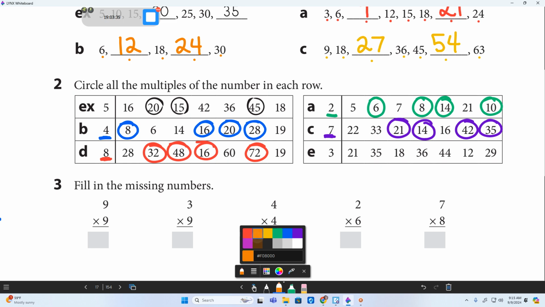And finally, multiples of 3. 3 times 1 is 3. 3 times 2 is 6. 3 times 4 is 12. 3 times 5 is 15. 3 times 6 is 18. 3 times 7. 3 times 8 is 24. 3 times 9 is 27.